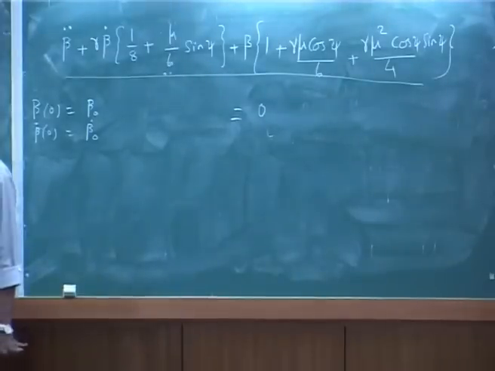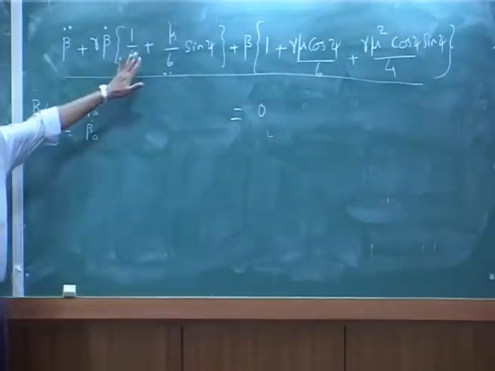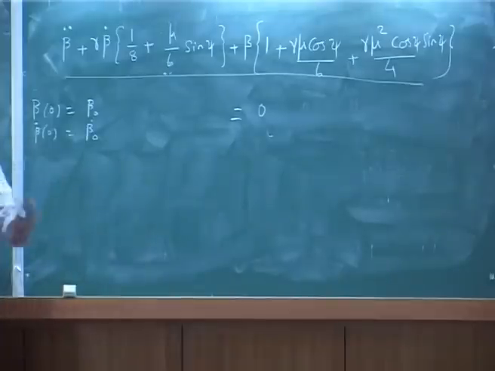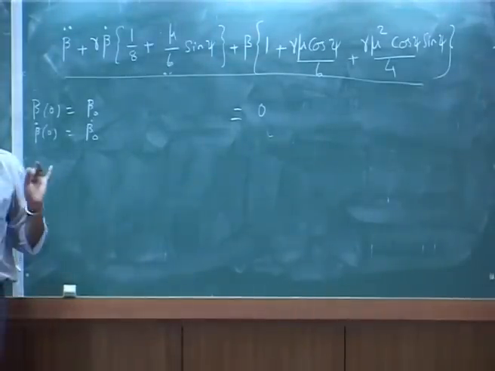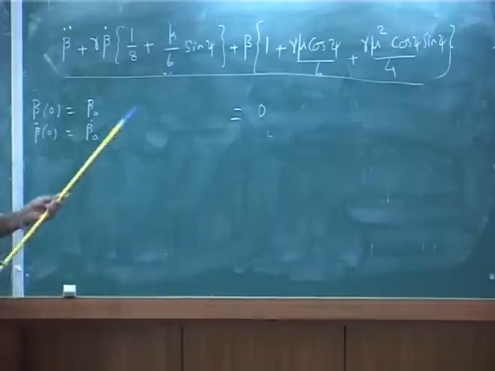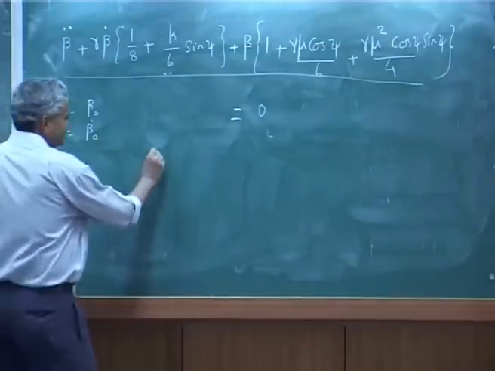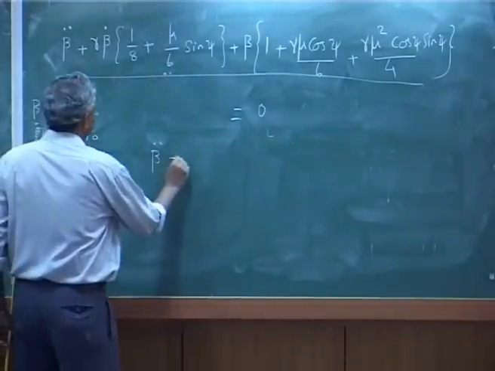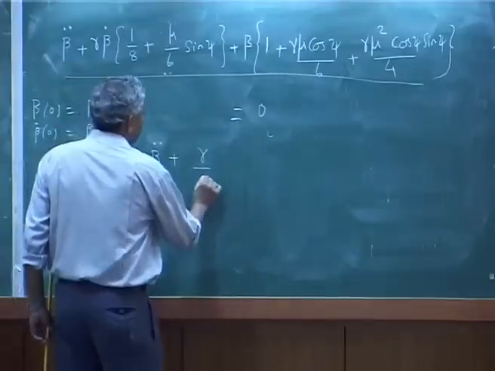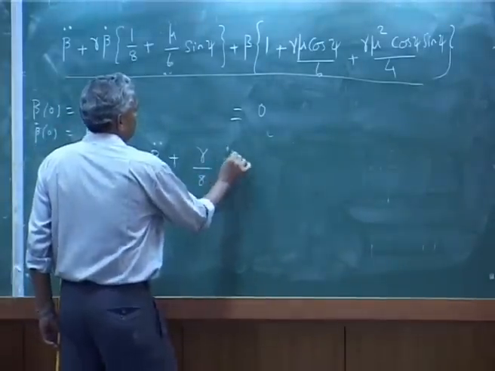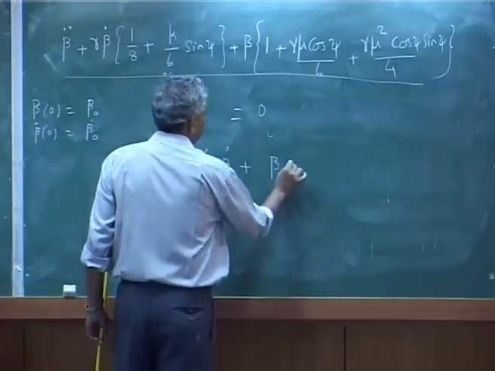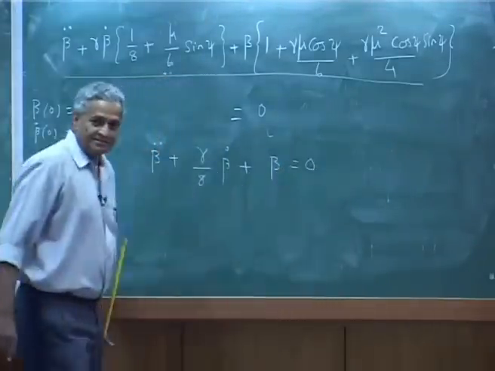Okay. What will happen is mu is, suppose mu is 0. Assuming mu is 0, that means it is in hover. Okay. What is the condition? Your equation is beta double dot plus gamma over 8 plus, right?